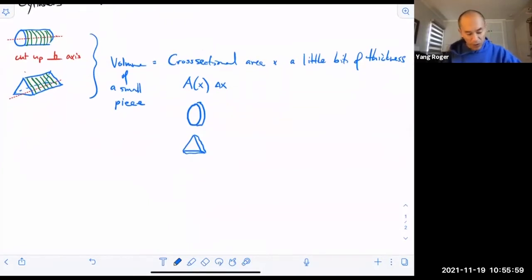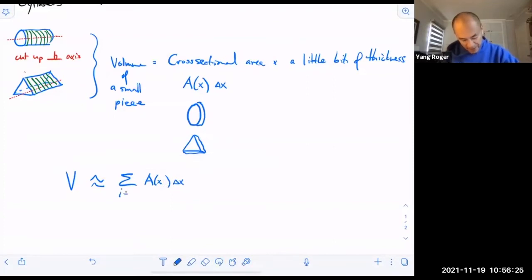So the volume of the whole thing is going to approximately be equal to the sum of all of these little discs or all of these little triangular wafers. So if I took my A of X times delta X, and then I added up n of them, sorry, let me move this, if I added up n of them, that's an approximation for the total volume of this thing.